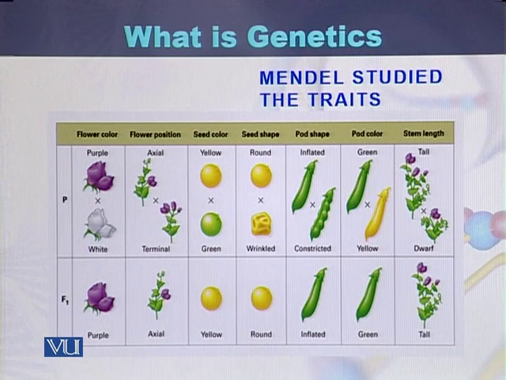The pod shape was inflated as well as constricted, and the color of the pod was green as well as yellow. Some of the plants were tall, and some were short. These were all the characteristics present in the garden pea.